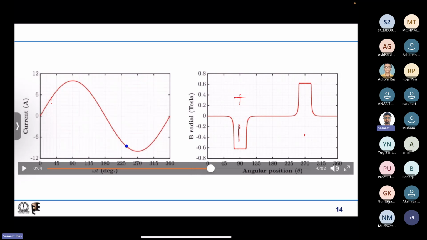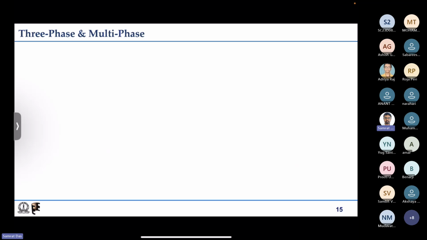Now as you go forward in time to 240 degree, it further increases, then it reaches negative maximum, then again it comes down and reaches the same point where we started from. So this is what is happening in the spatial distribution of B along that air gap circle as we excite the coil with one sinusoidal current.